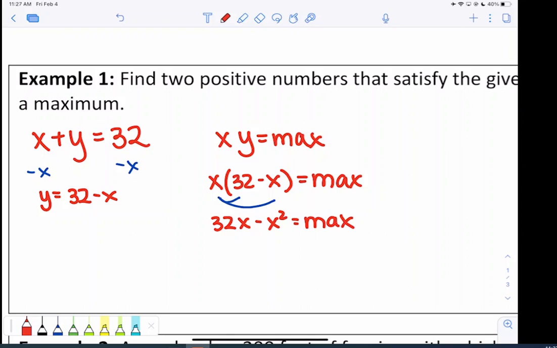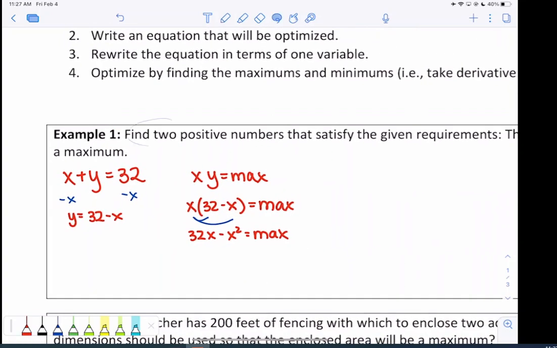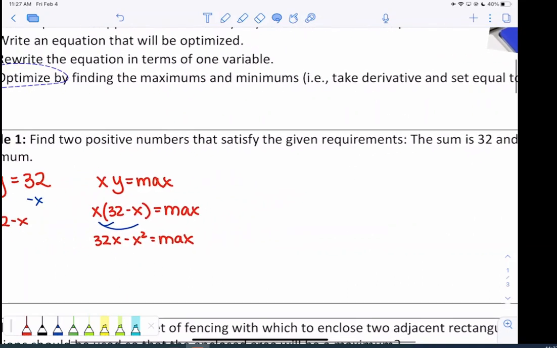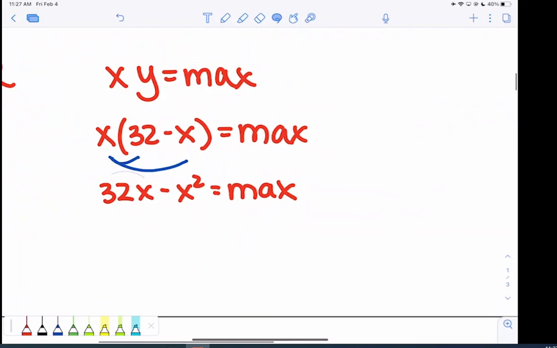So up to this point, we've done all of these steps. Now, I still haven't answered the question of find the two positive numbers. So this last step here, which is optimized by finding the maximums and minimums, you take the derivative and set it equal to 0. That's what we're doing today. So here's my function. This is what I'm trying to maximize.